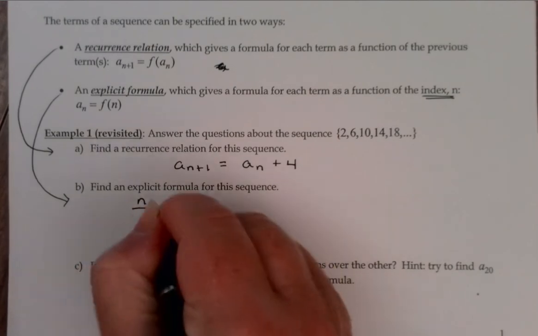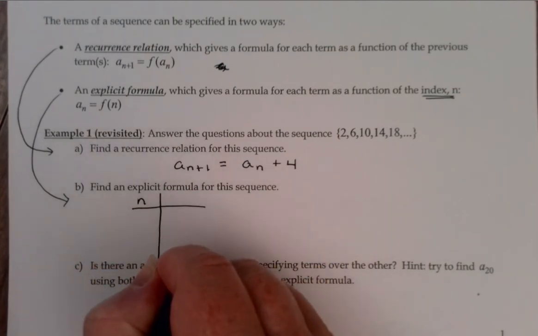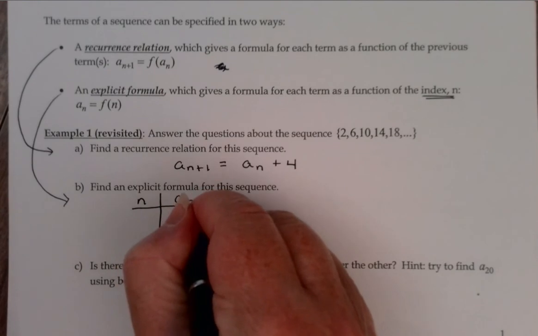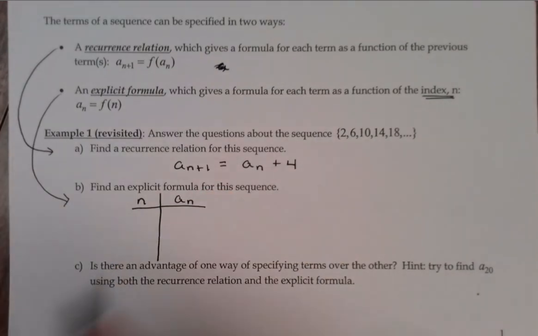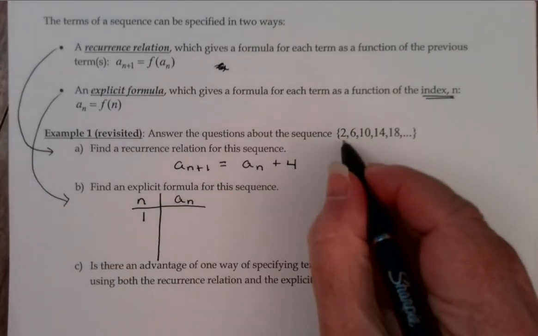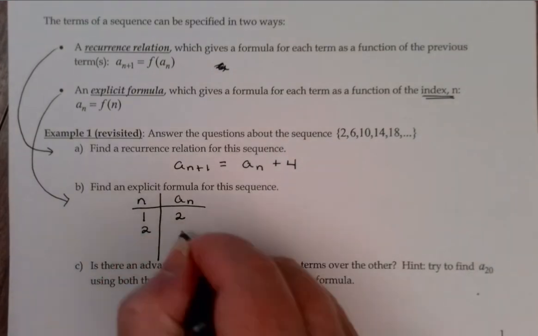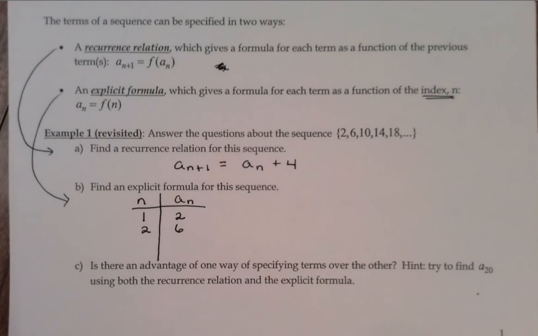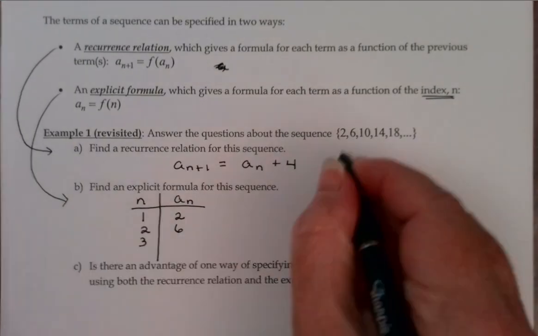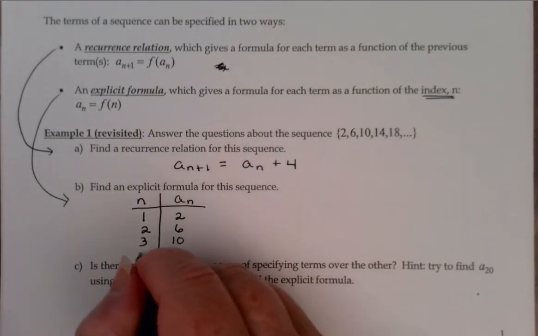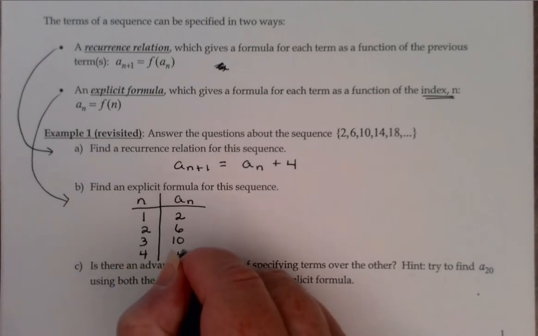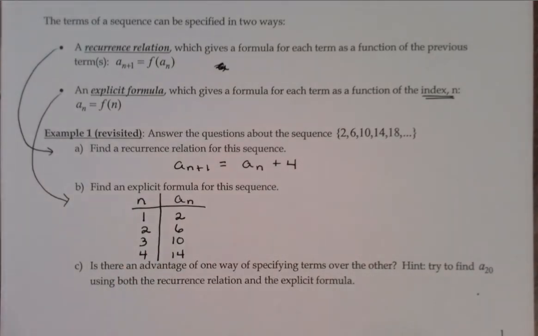If my index n is the input, and the term a sub n is the output, the first term was 2, second term was 6, third term was 10, fourth term was 14, and so on.